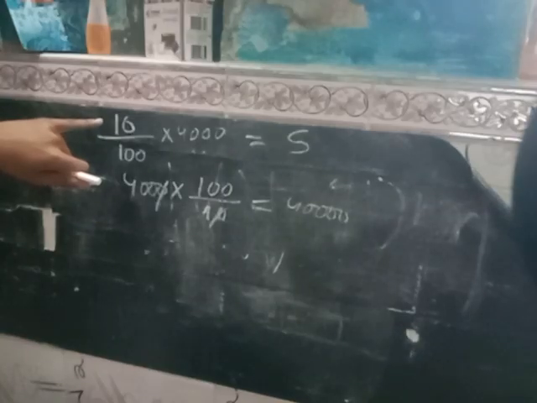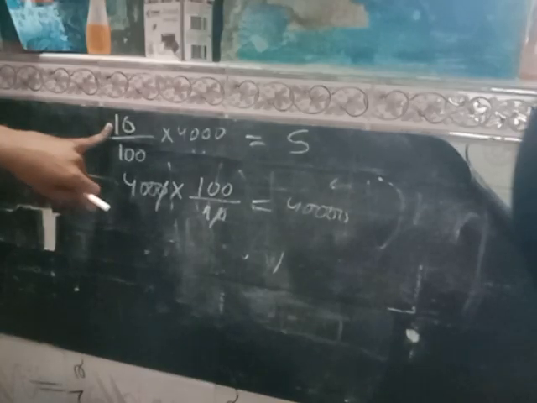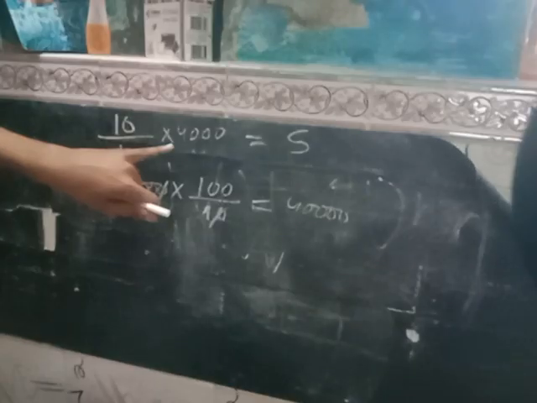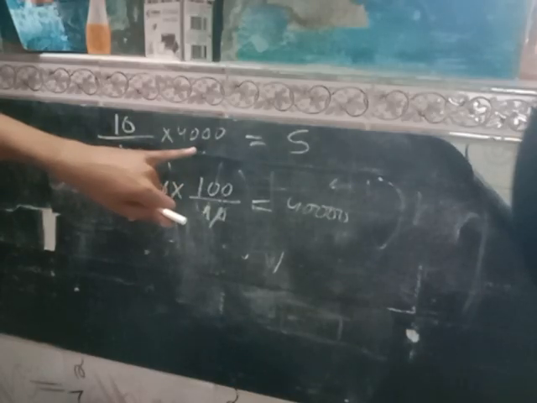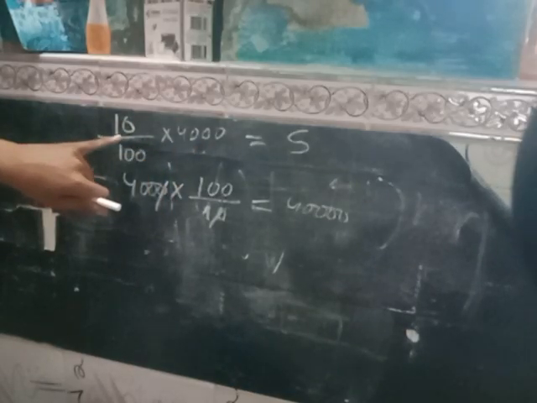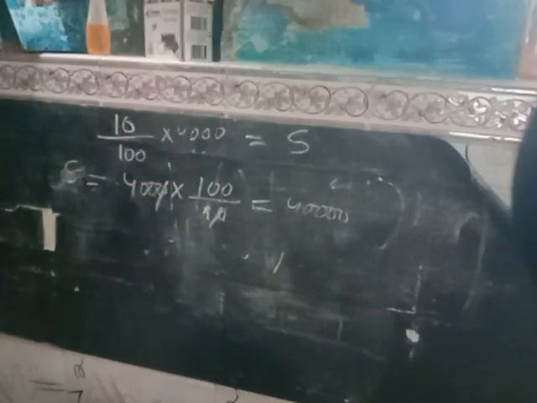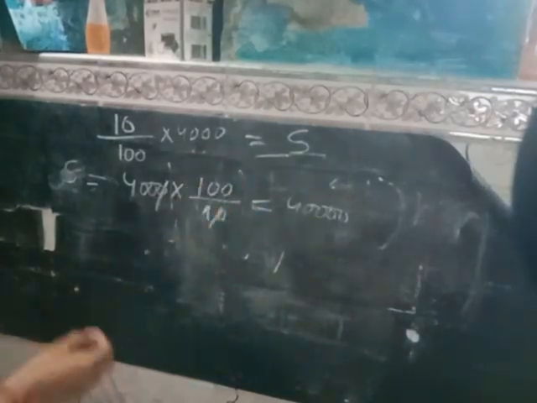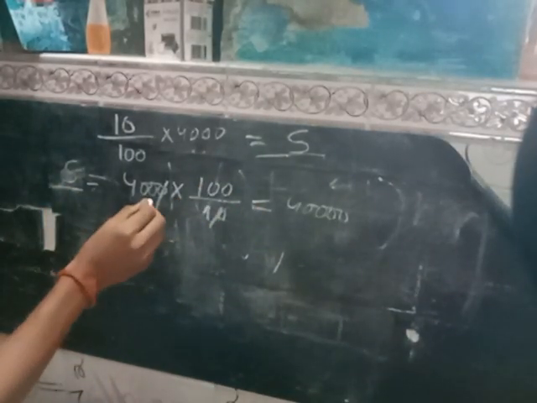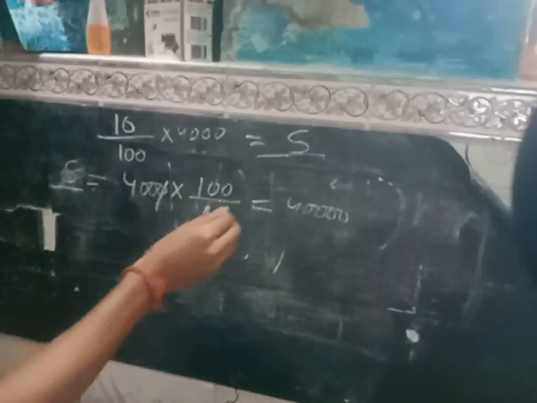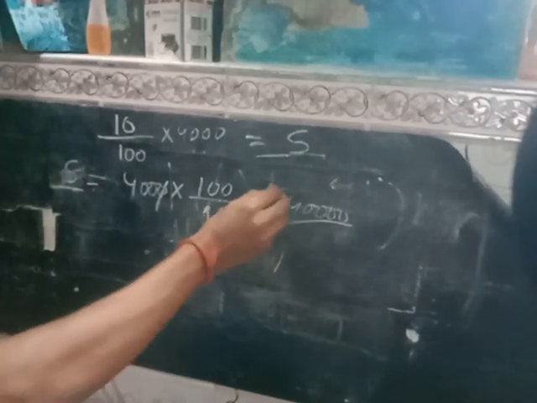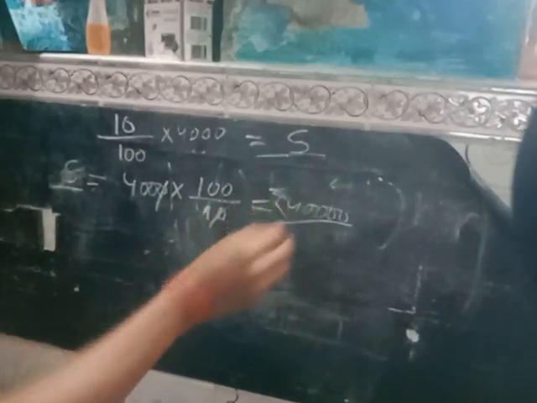This is the salary percentage, 10% of her salary, and that is 400, and if we multiply 10 by 100 with S, that will be 400. S means her salary. So S is equal to 400 multiplied by 100 by 10, so her salary is 4,000 rupees.